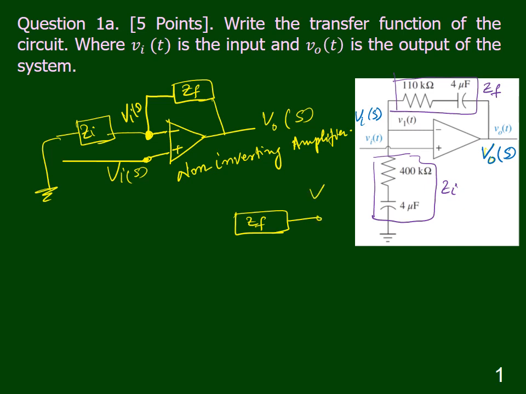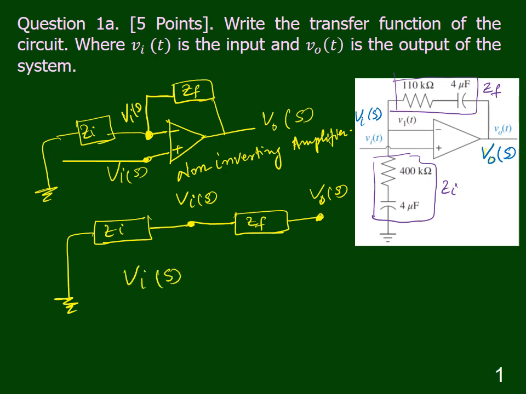The output voltage, the input voltage at the node Vi(s), and the input impedance Zi, which is connected to the ground. It is straightforward to use the potential divider rule to write down Vi(s) is equal to the input impedance upon the sum of the input and the feedback impedance, multiplied by Vo(s).